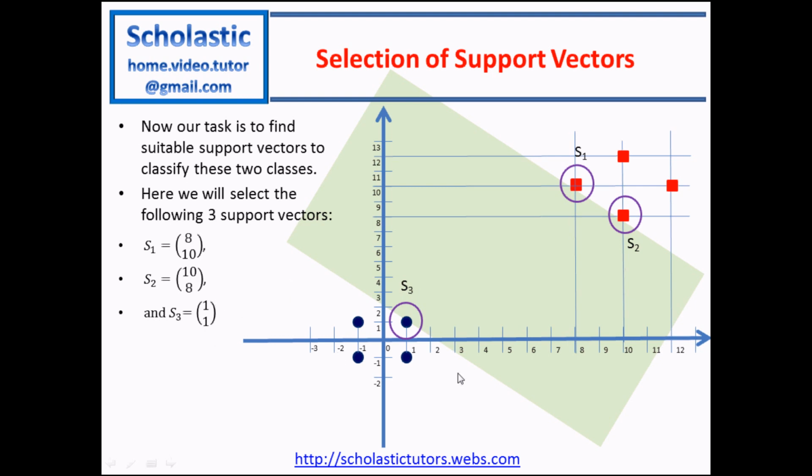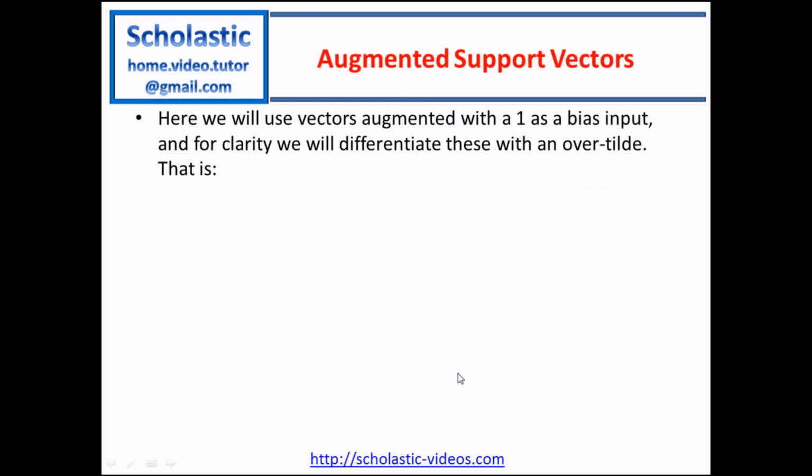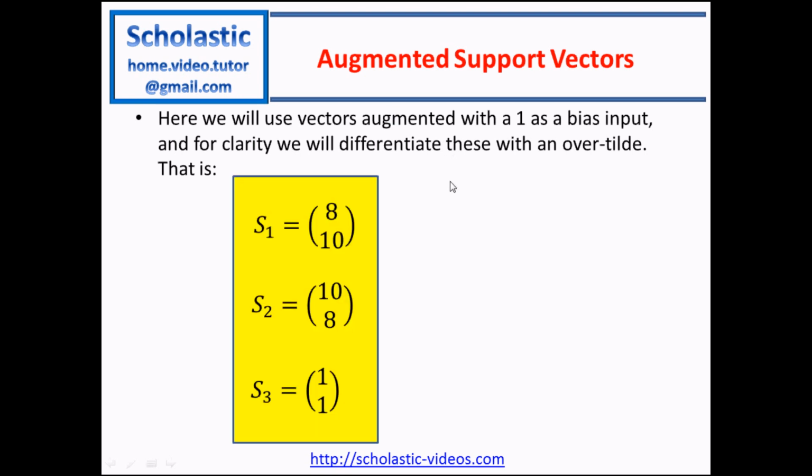Now our task is to find some parameters, but first of all we are going to add a bias, or augment the vector, for our calculations. We had S1 equal to (8, 10), S2 equal to (10, 8), and S3 equal to (1, 1).